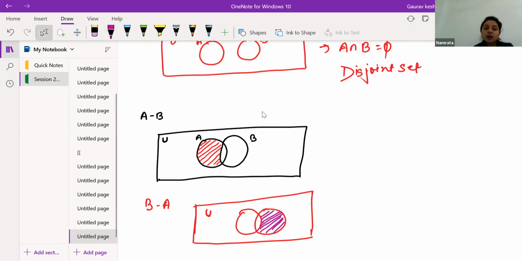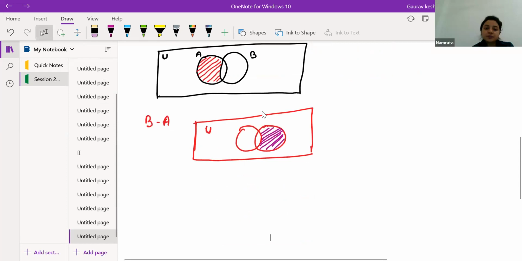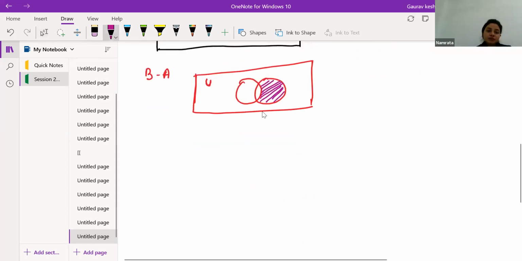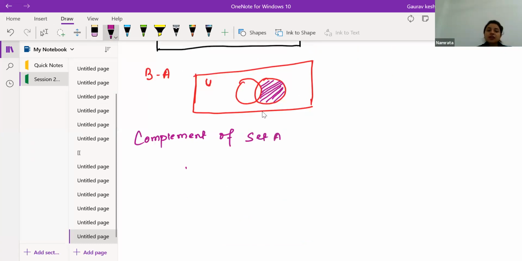Now, if we have to plot the complement of set A, then again here we will be drawing the universal set.